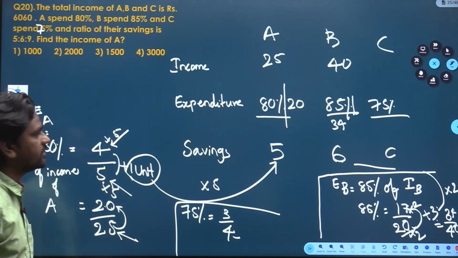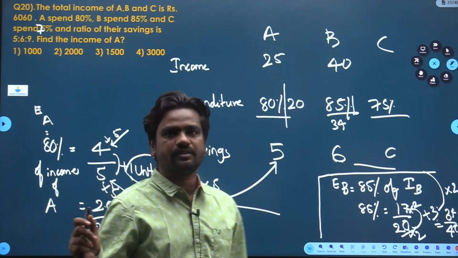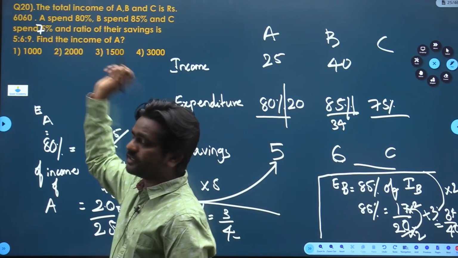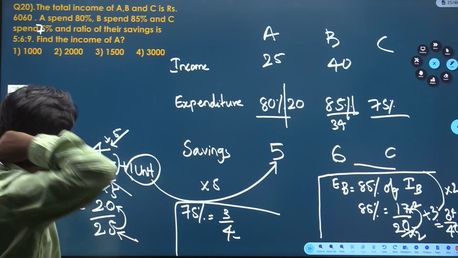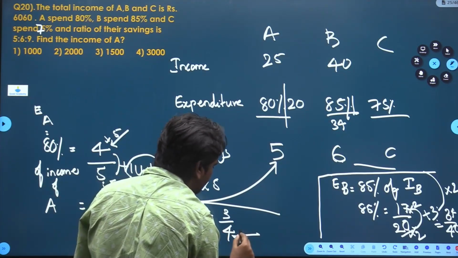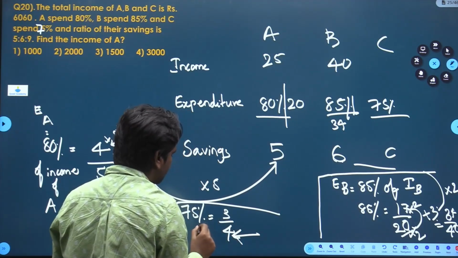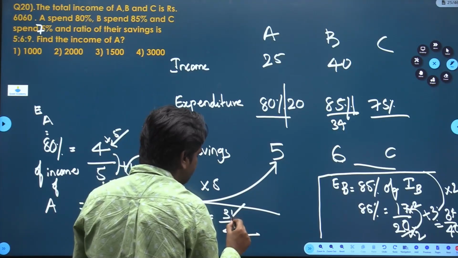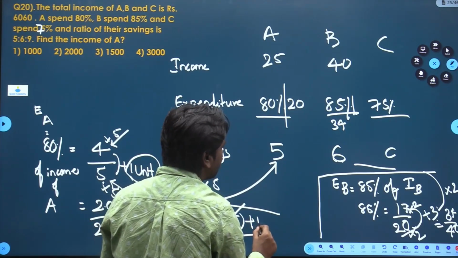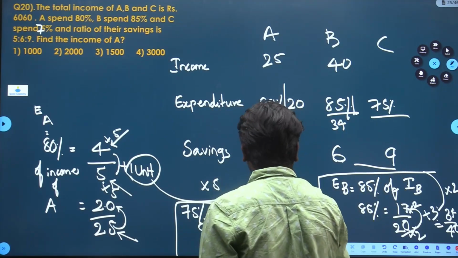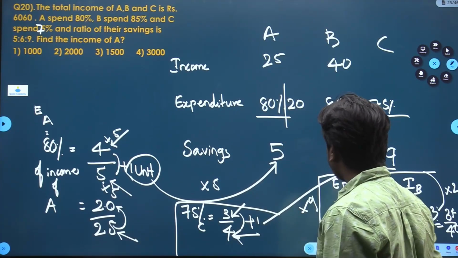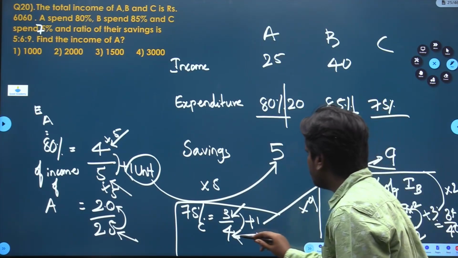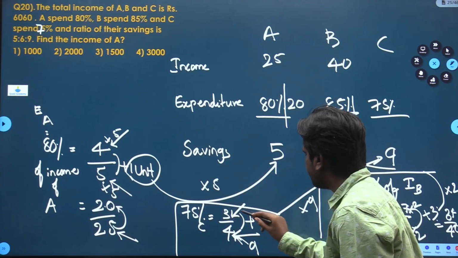Here the question itself has a typing error. Actually this is 75%. Write 75%. 75% is 3 by 4. Now 4 units represents the income of C, and 3 is the expenditure of C. So 1 unit is nothing but 9. You just multiply this by 9.